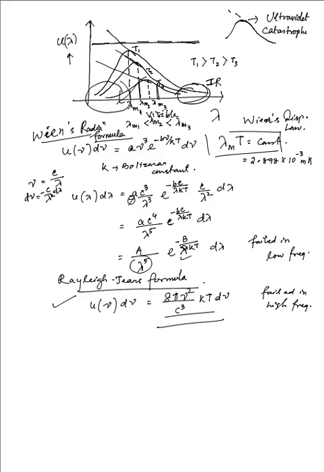Although it's a catastrophe, it's a good one, because had that energy gone on to increase in the backward direction, as indicated by those dashed lines that I'm drawing, the energy would have been really high, out of proportion, and you might have just burnt yourself. So it's good that it does not happen, but still we haven't got a good explanation for all that is happening with black body radiation.